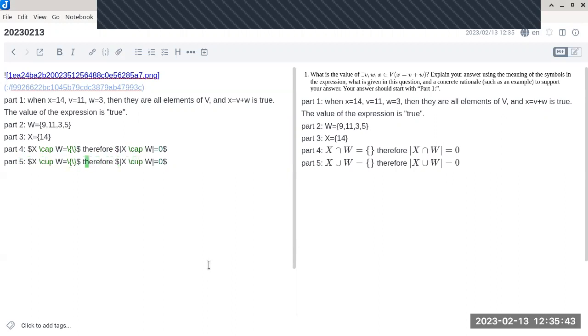But the union, what is going to be the union between X and W? It would be the same thing as V to begin with, but I'm just gonna put in everything here. 14, 3, 5, okay. Remember, ordering is not important when you're talking about membership in a set. So now the cardinality of the union is going to be 5.